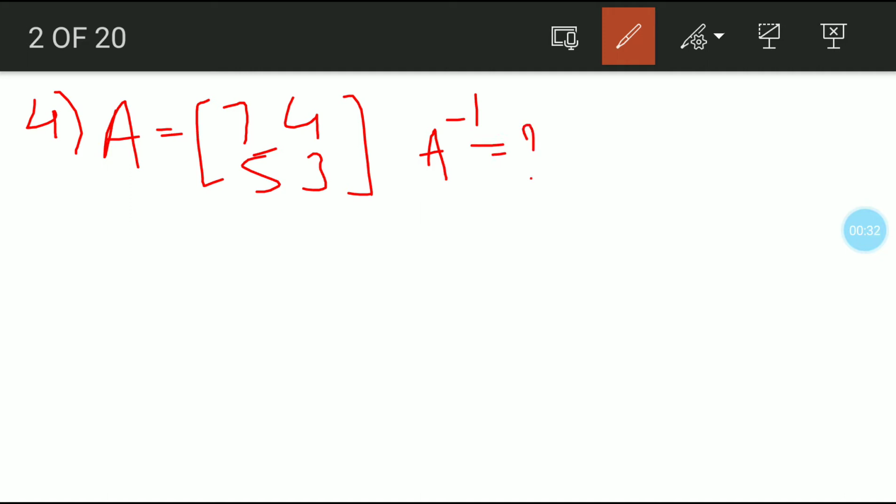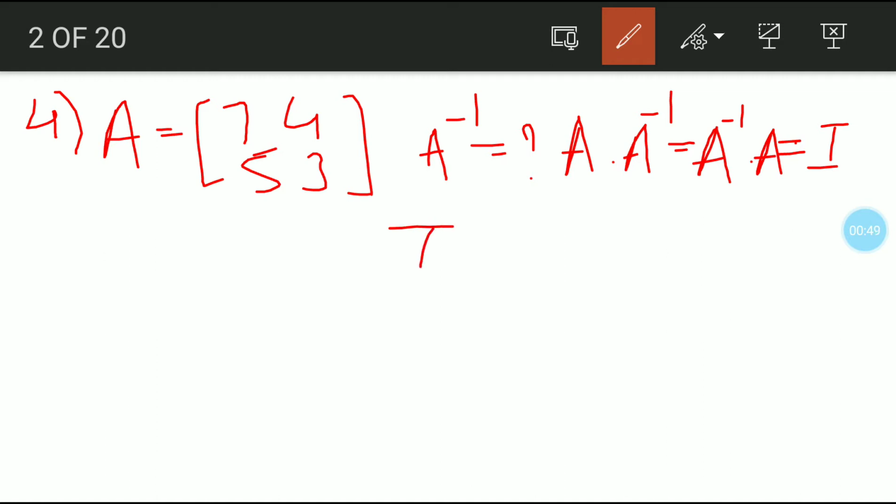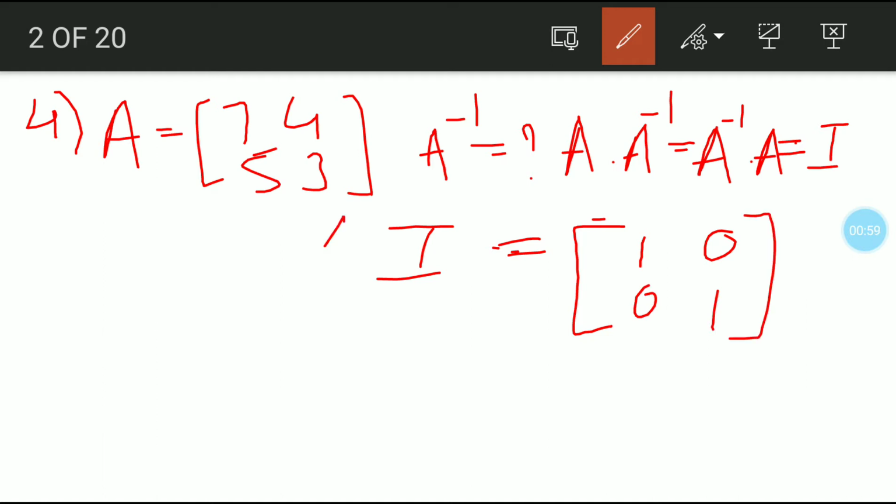We should also prove A into A inverse is equal to A inverse into A, that is equal to identity. In the previous video itself I have explained what an identity is. Identity means [1, 0; 0, 1].